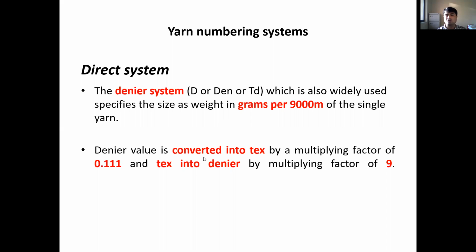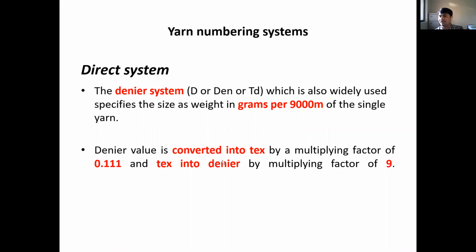Then denier value is converted into tex. For any system, whether it is denier or tex, if we have to convert, there is a formula; we put the value into the formula and get the result. So denier value can be converted into tex system.